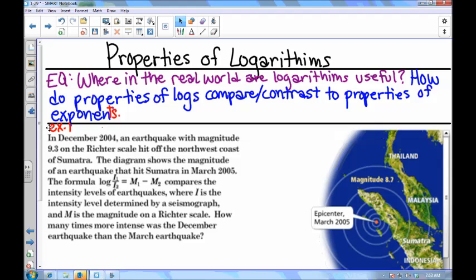Okay, 9.3 on the Richter scale, off the northwest coast of Sumatra. Where's Sumatra? Apparently right next to Indonesia, and Malaysia, and Thailand. Where are you from? Thailand. So when did you move here? Okay, so like 5-6 years ago.